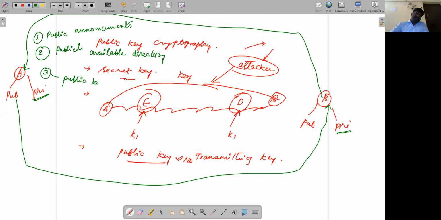Public key authority. And the fourth one is, what is the fourth one? Certificate authority, right? So these are the four techniques through which a public key can be distributed to others.